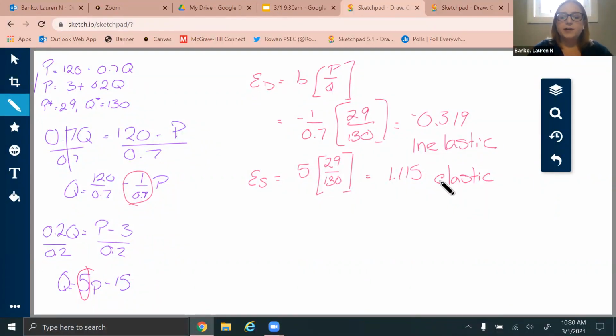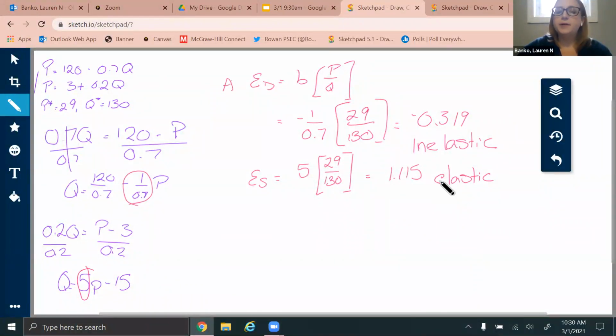Now with these numbers, which party, and when I say which party, I mean are the buyers or the sellers, which party is more price sensitive? All right, I'm going to put a poll up.